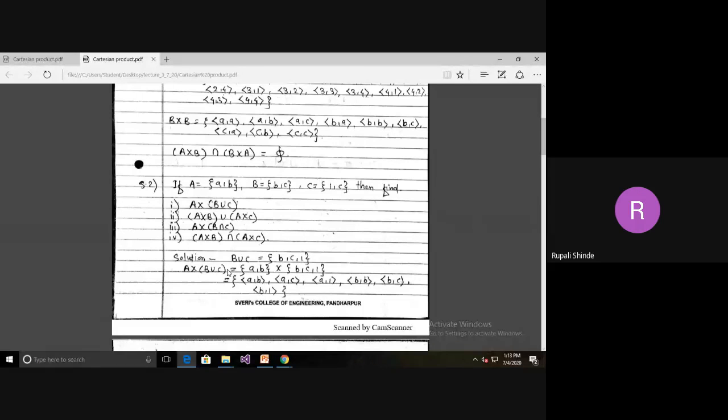Likewise we have to find next (A Cartesian product B) union (A Cartesian product C). First we find A Cartesian product B. Can you tell me the answer? Yes, ma'am, I want the answer for A Cartesian product B. It is so simple.